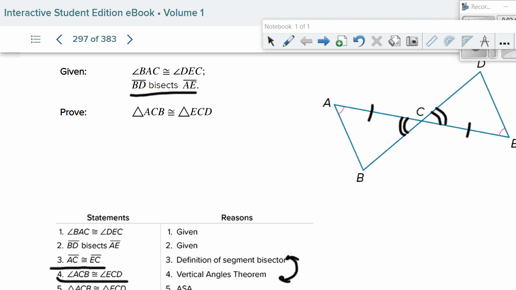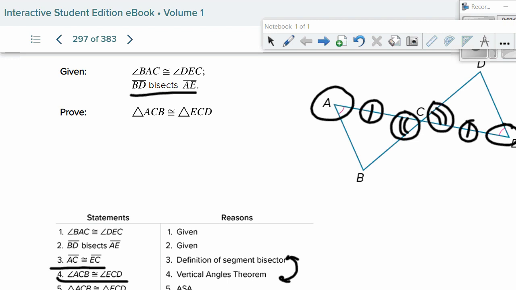It doesn't matter how you do it. But taking a look at what I've now got on my picture, I have angle side angle congruent to angle side angle, all corresponding to the other triangle. So now my last step is to say that the two triangles are equal by angle side angle.